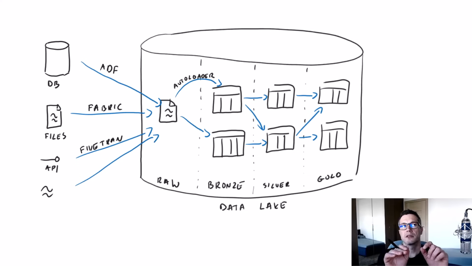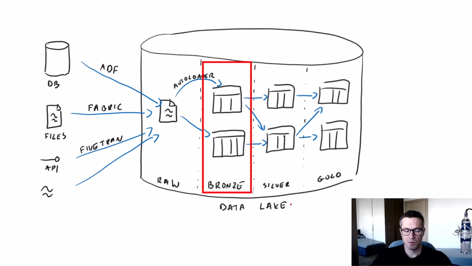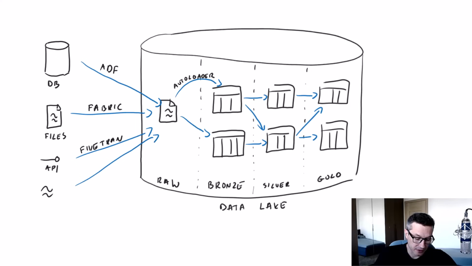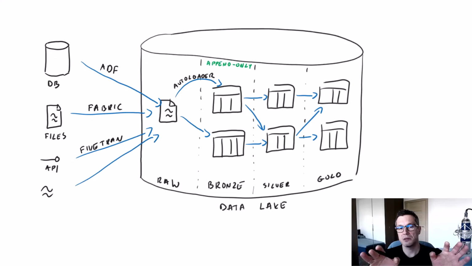before we go further, let's talk about the difference in those layers, bronze and silver and gold. The thing is that our bronze layer follows this append only approach, at least in my example. So it is append only, which simply means that we only insert new data to it.